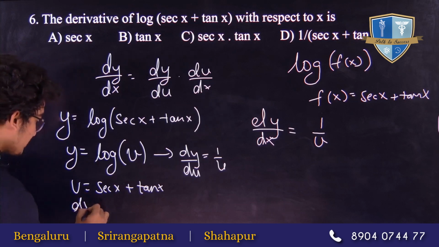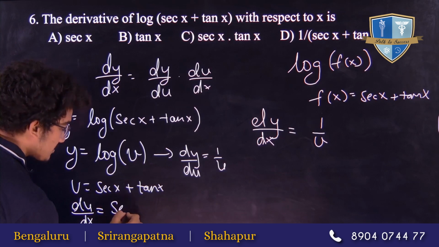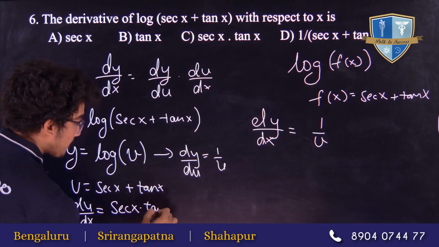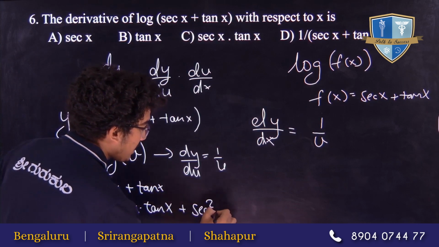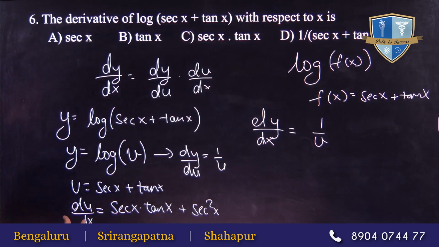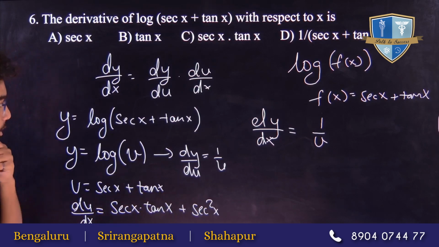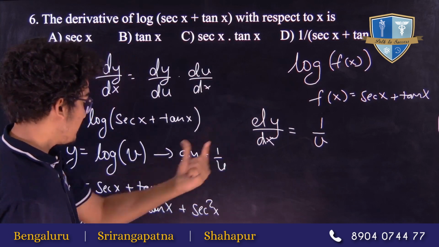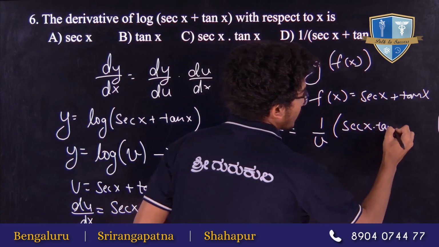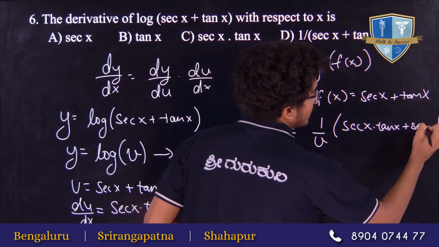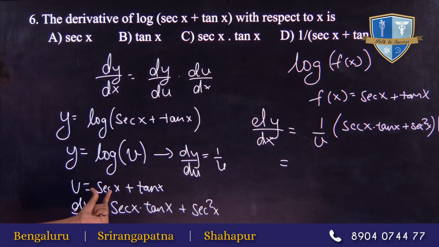So du by dx: differentiation of sec x will be sec x into tan x, plus differentiation of tan x will be sec square x, correct? Now we can take sec x common as well, and this will be sec x into tan x plus sec x. Now we will write this thing directly there. So this will be sec x into tan x plus sec square x, and instead of u, what we assumed, u is sec x plus tan x, correct?